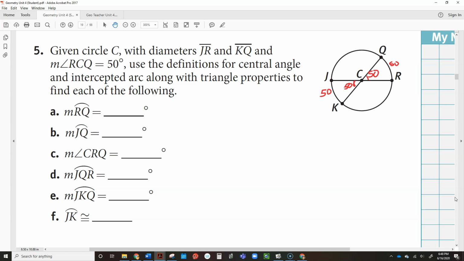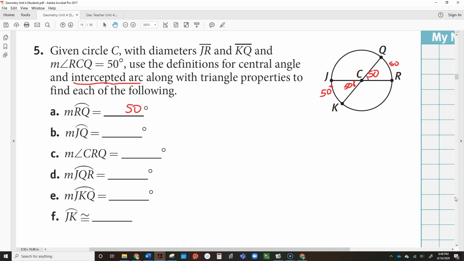A central angle and its intercepted arc are the same. And these are all degrees. So the measure of arc RQ is 50 degrees. My 5 looked so much better, and then it rounded off.